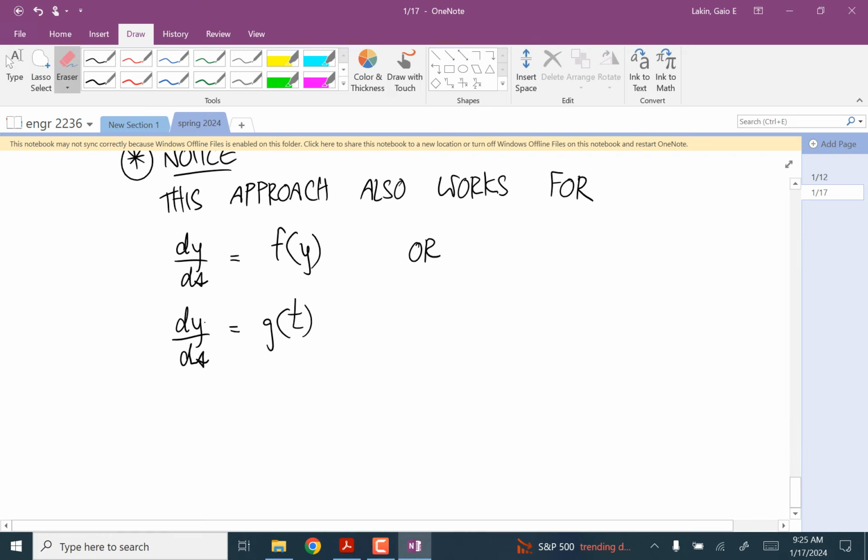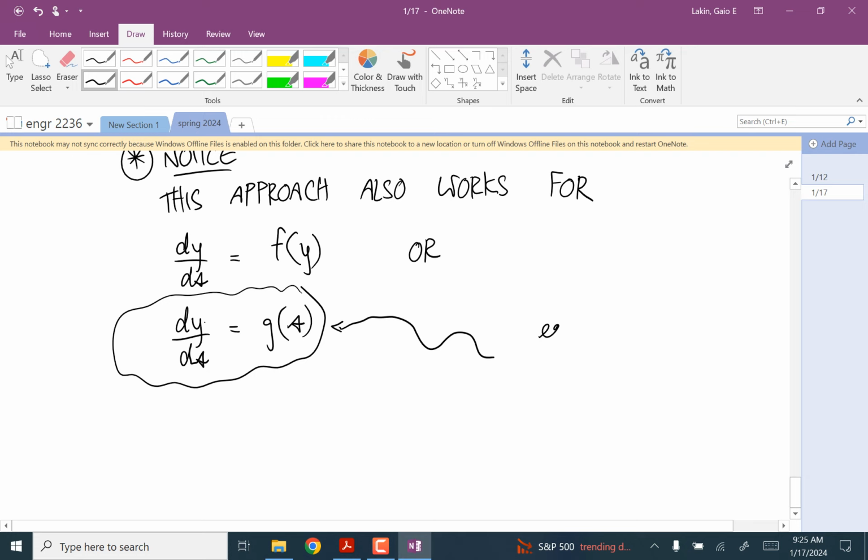S, thank you. I guess the reason I said t here is because this is the one that's going to be useful to us, for example, if you have dx/dt is equal to 3t squared plus 5t minus 10.